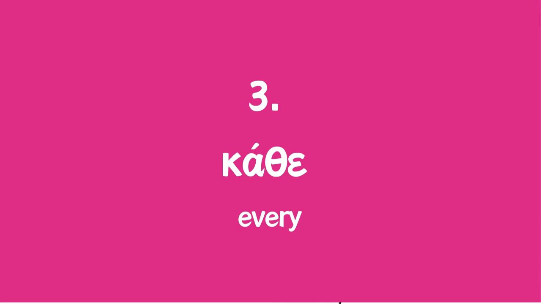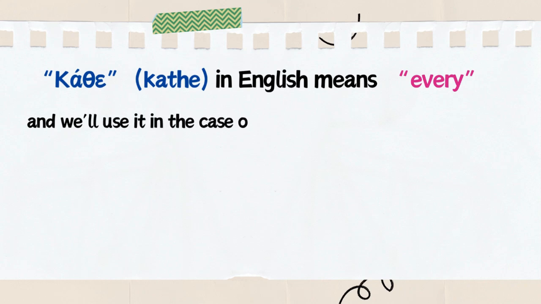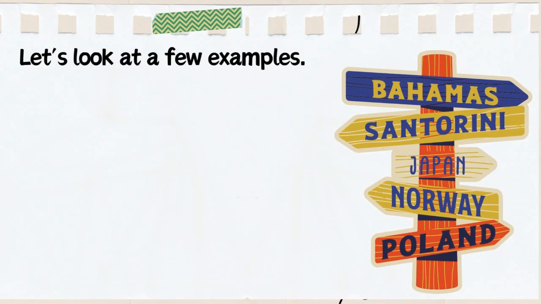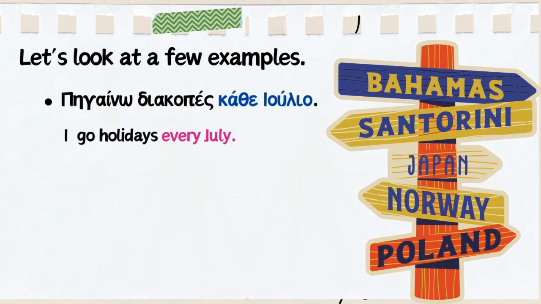Next one, let's see the word κάθε that means every in Greek. Κάθε in English means every and we'll use it in the case of continuous events. The months will be in accusative case. Let's look at a few examples. Πηγαίνω διακοπές κάθε Ιούλιο.